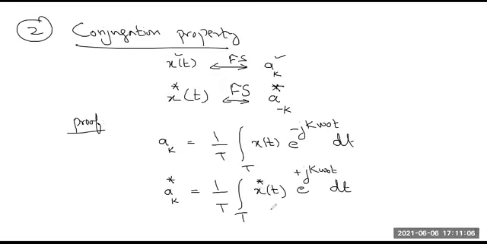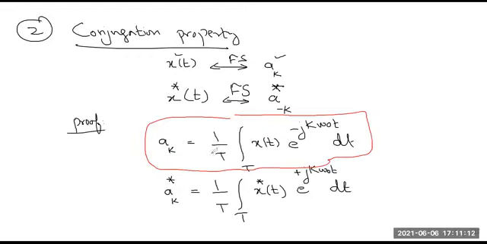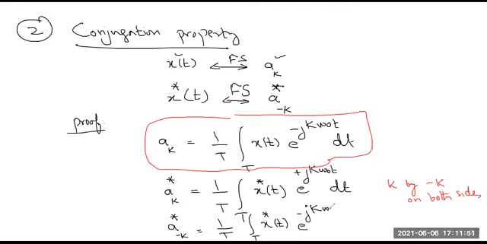Now, if you compare this with the standard equation, in the standard equation we should have minus over here, but over here we have plus. So let's replace k by minus k on both sides so that it doesn't affect the result. On the left hand side, it will become a conjugate minus k, and on the right, 1 over T integration over T x conjugate t, and it will become e power minus jk omega naught t.